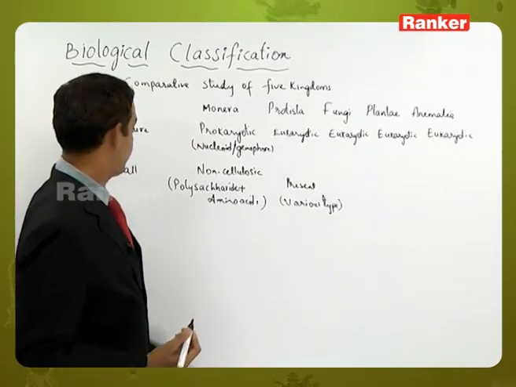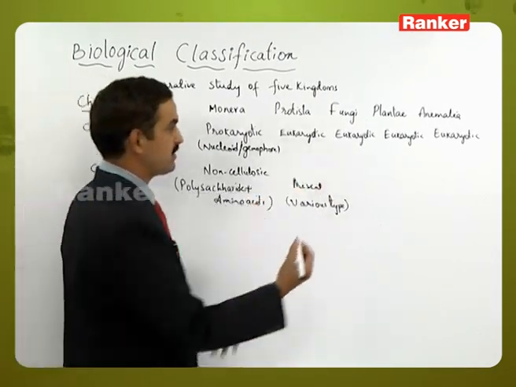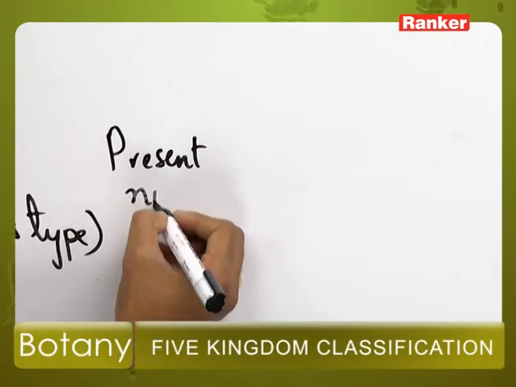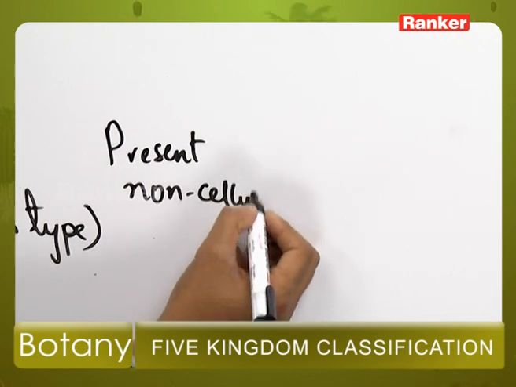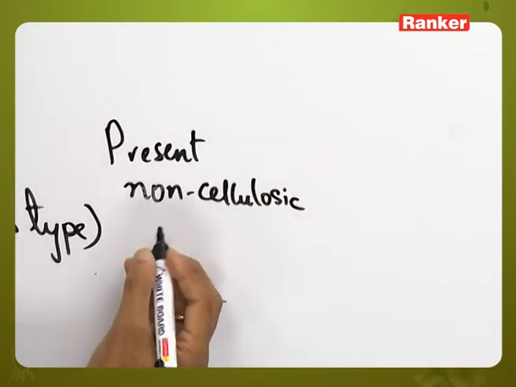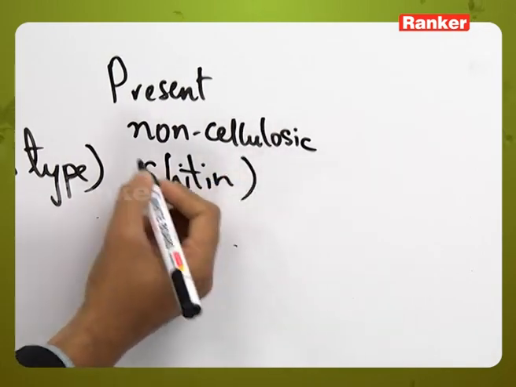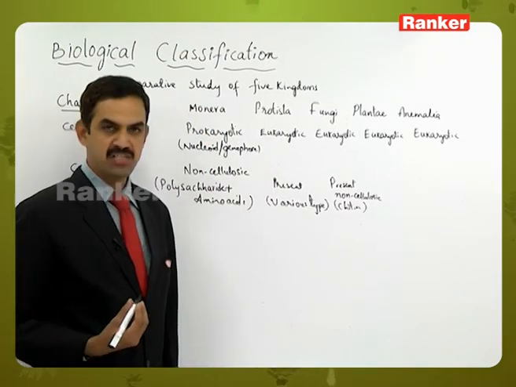Fungi also contain a cell wall, which is also non-cellulosic. As we were already discussing, instead of cellulose it contains a nitrogen containing polysaccharide called chitin.